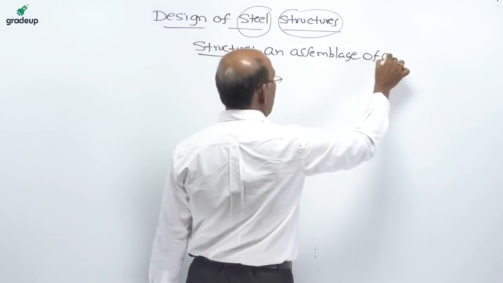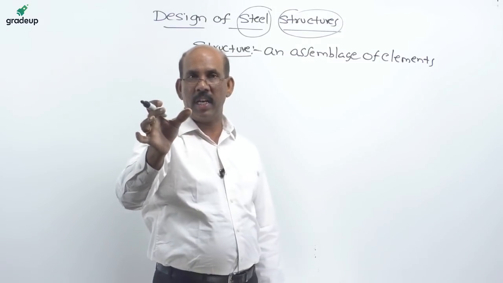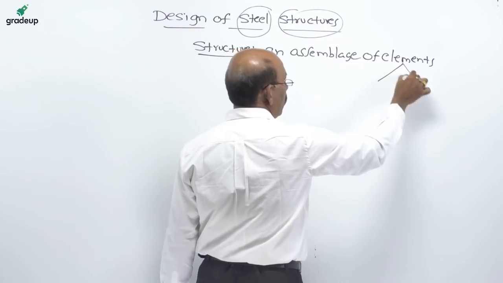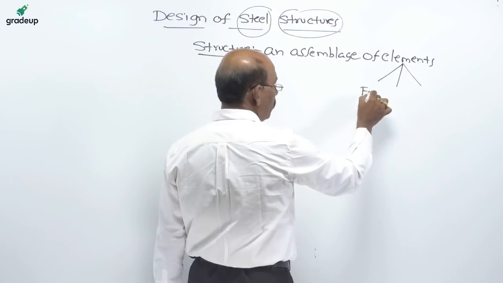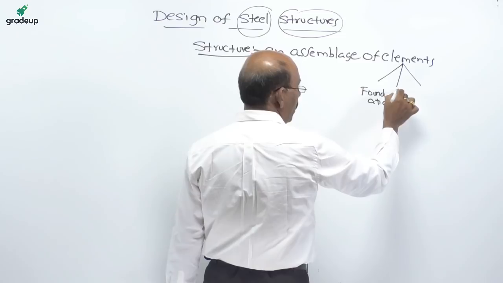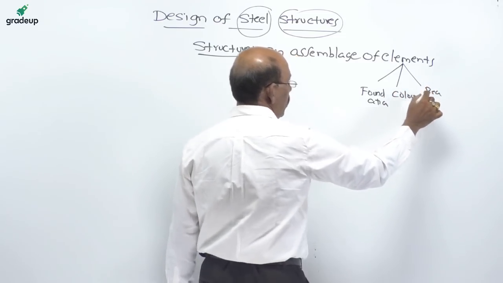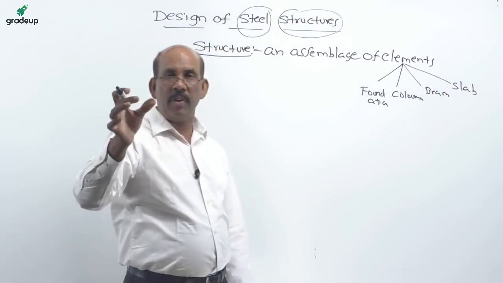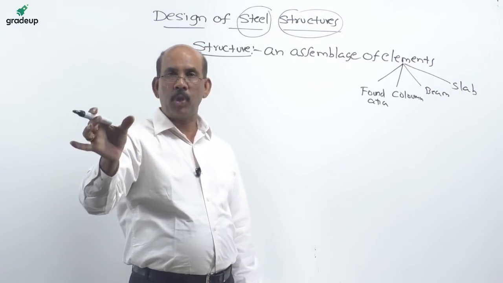And these elements one can see in our structure, from the bottommost to the top: one is the foundation part, the second one is the column, the beam and slab.